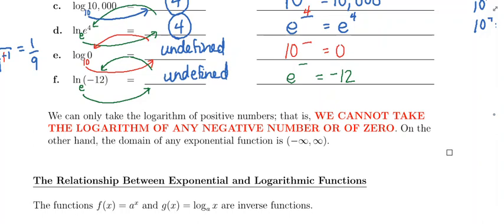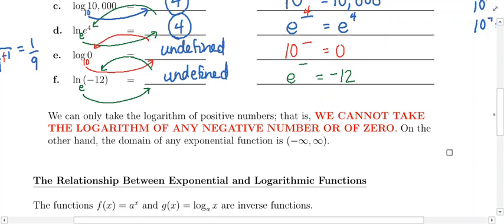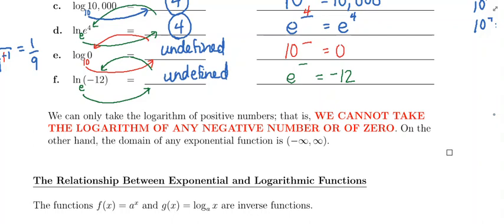If you're taking the logarithm of 0 or a negative number, you're going to get an error. It's undefined. In part F, you're taking the logarithm of something negative. That's not allowed either. This red statement is very, very important. You cannot take the logarithm of any negative number or of 0.